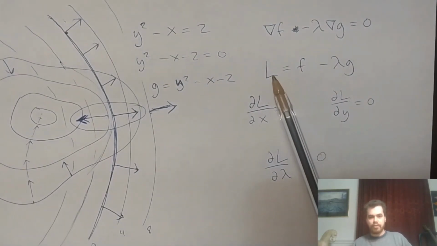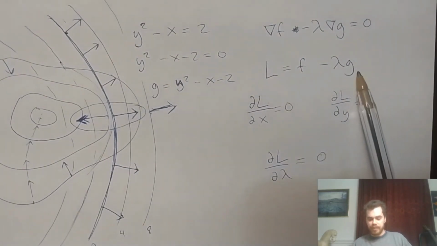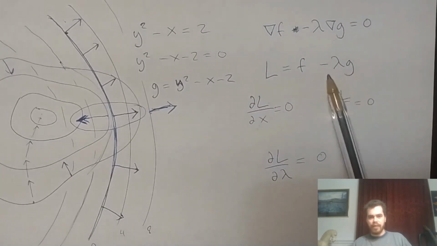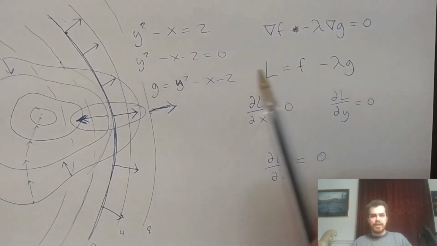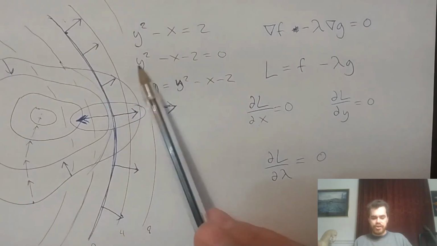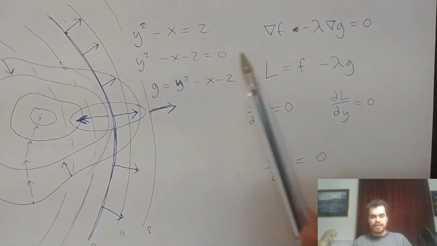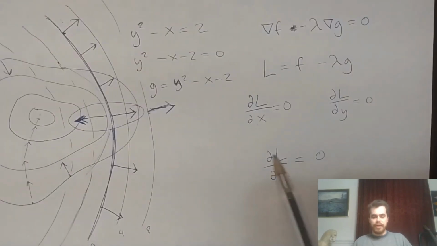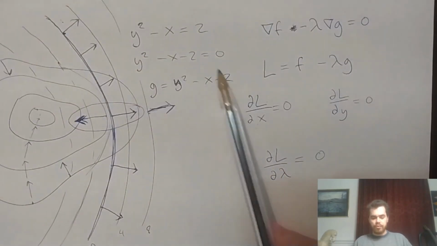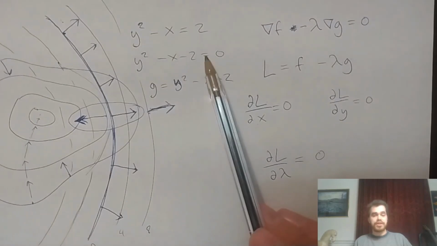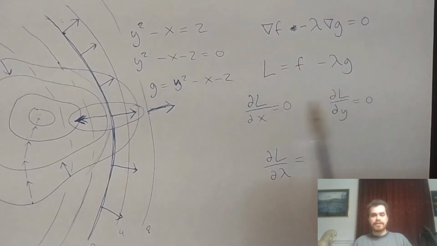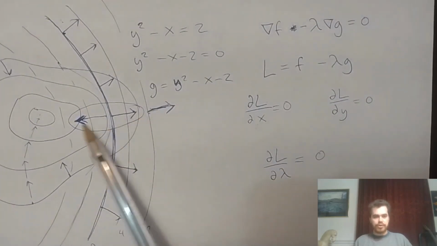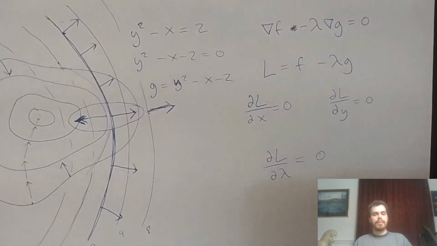Well, if we take the derivative of L with respect to lambda, what we'll get is minus g. And we've already said as our initial condition that g, in this specific case, has to equal 0. So this is enforcing our original condition that we're somewhere on this line where g is equal to 0, and this is enforcing the condition that our two gradients be collinear with each other.